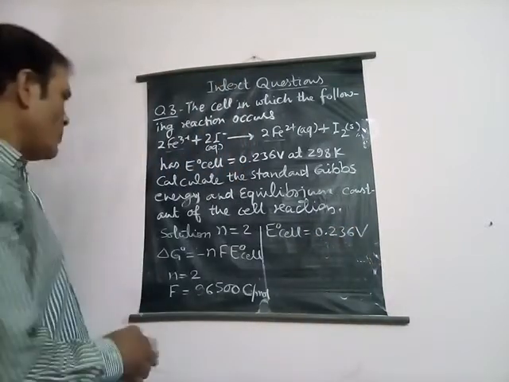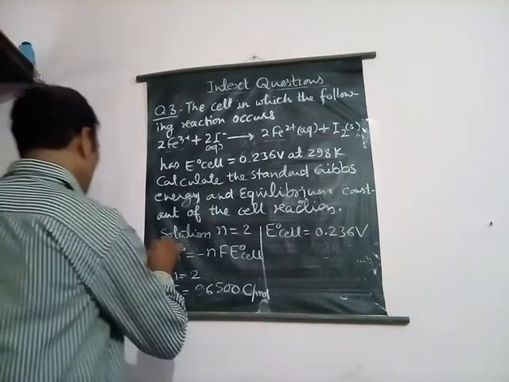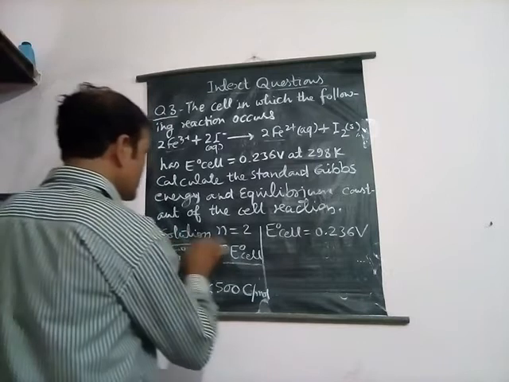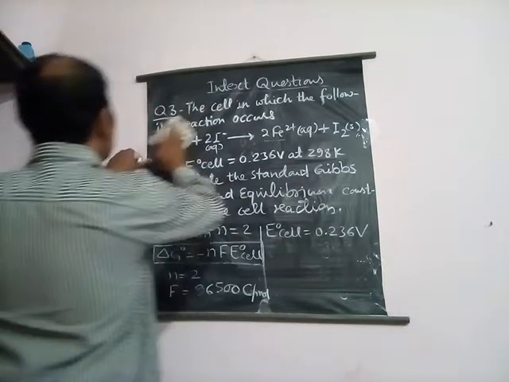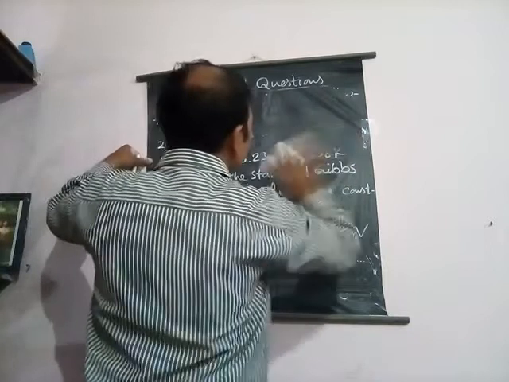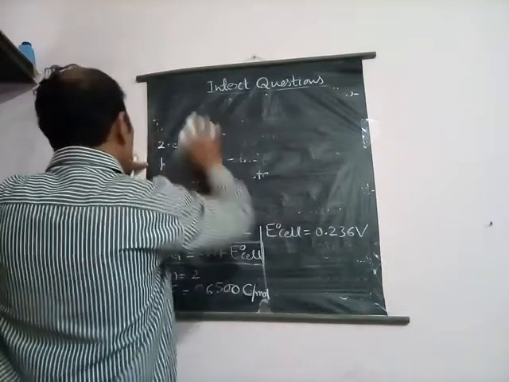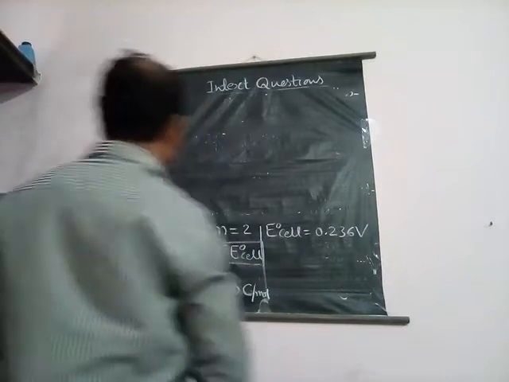Now we put all these values in the equation of the standard Gibbs energy change of the electrochemical cell.